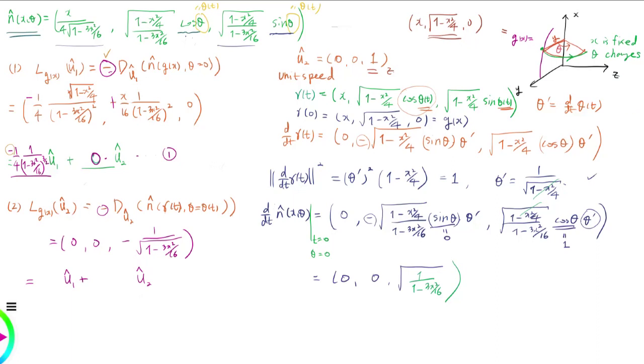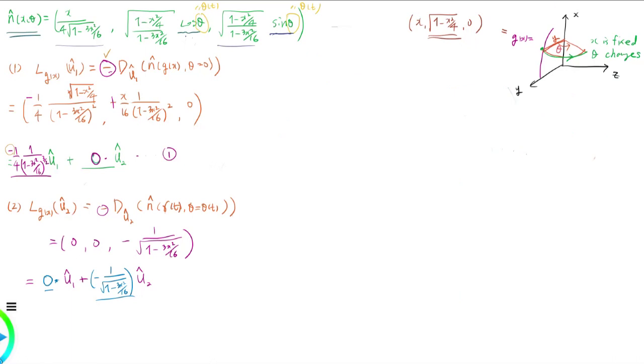So this has a linear combination of those two orthonormal bases. 0 coefficient for the u1, and since u2 vector is 0, 0, 1, so minus 1 over square root of 1 minus 3x squared over 16 will be a coefficient of u2. Okay, we are almost there.